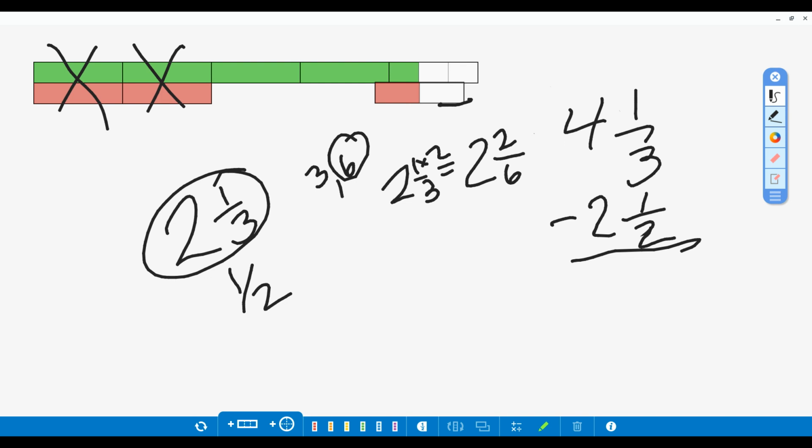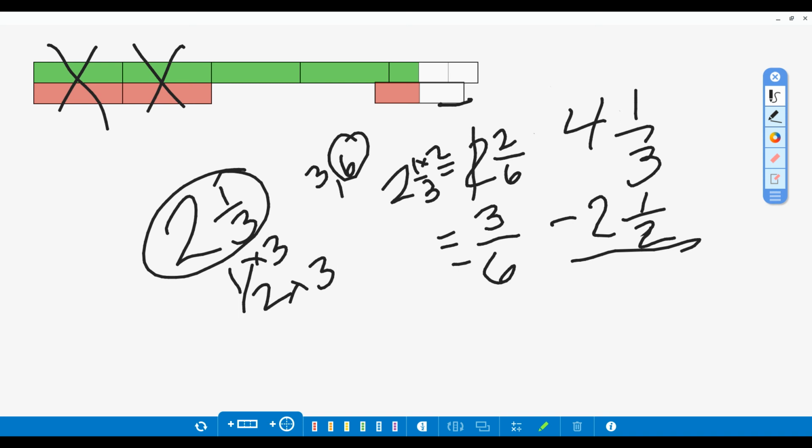Now I'm going to change a half into sixths as well. 2 times 3 gives me 6, and 1 times 3 gives me 3. So now I'm taking 2 2/6 from 3/6.